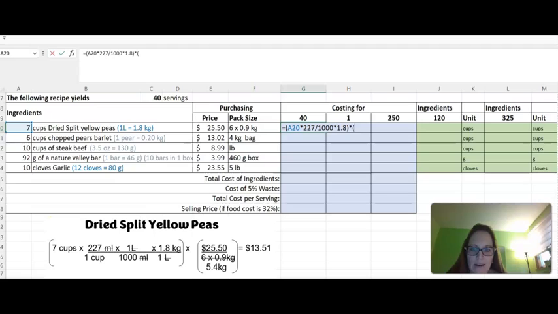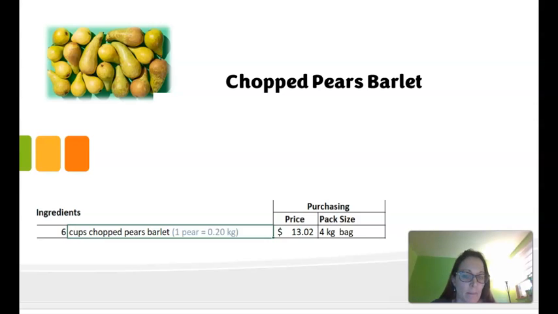So we open bracket, and we can click on the cell here, and then we're going to divide by our 5.4 kilograms, and we're going to close the bracket and press enter, and we get the same amount, $13.51.